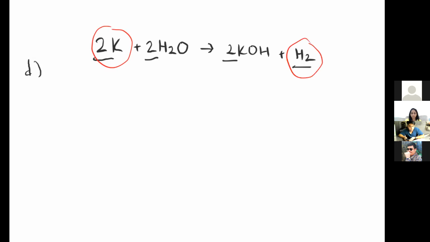They already give that the gas occupies 24 decimeter cube per mole at room condition, so the mole of hydrogen gas equals 50 over 24. But remember that the volume is given in cm cube while the molar volume is given in decimeter cube, so remember to convert from centimeter to decimeter.